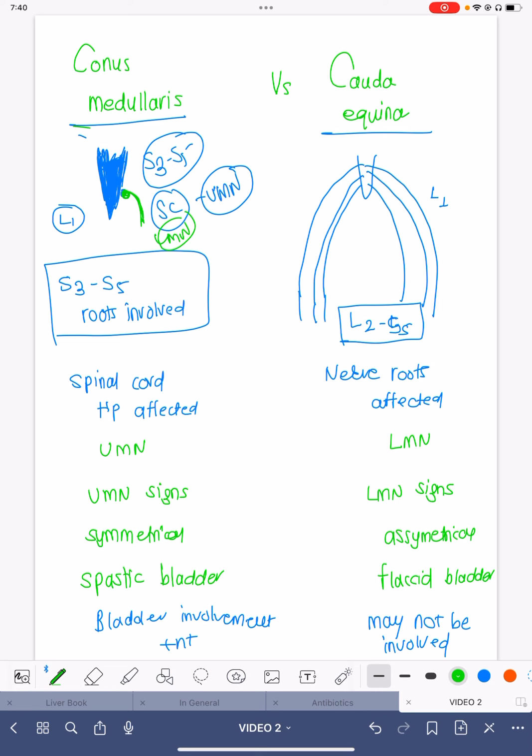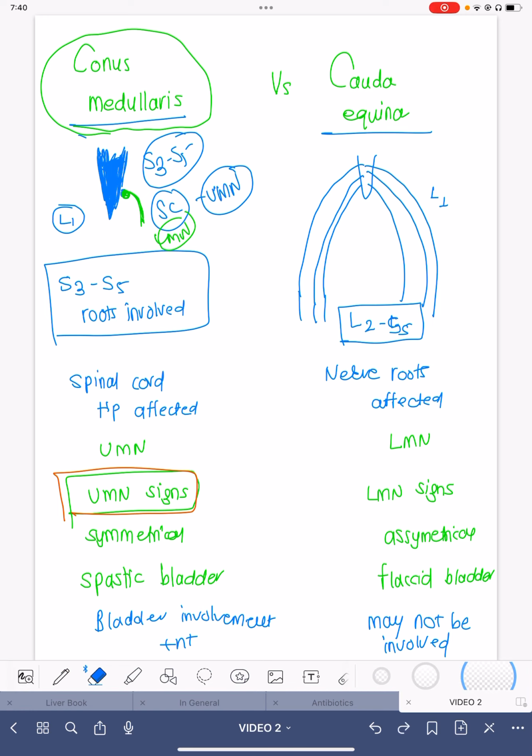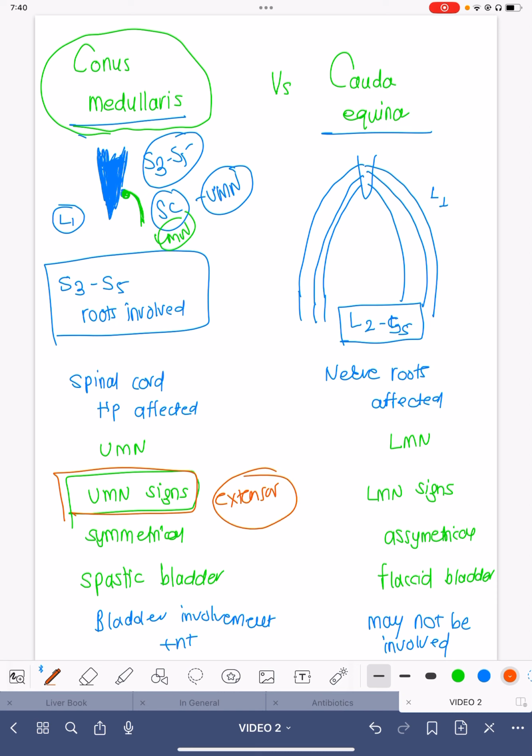So in conus medullaris, as there is direct involvement of the spinal cord, we get upper motor neuron signs. The plantar will be extensor, that is a sign of UMN. And whenever plantars are flexor, we call it LMN.